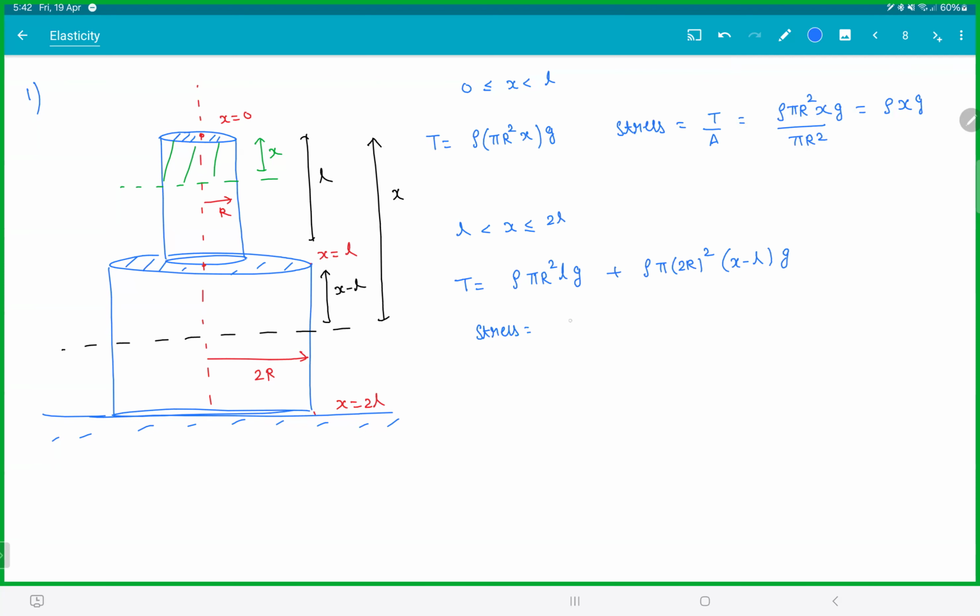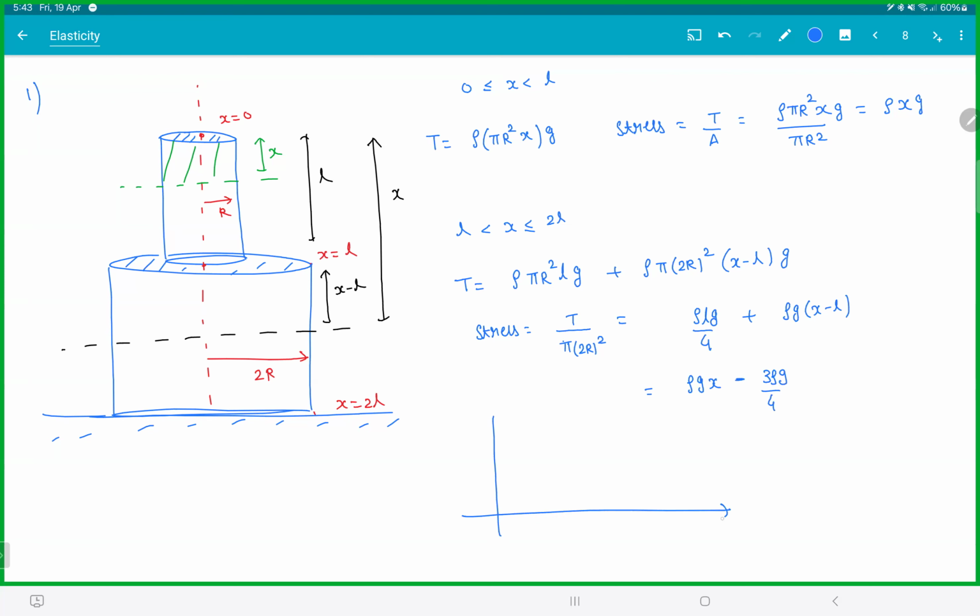The stress will be tension by area, but this time the area is pi into 2r whole square. If you divide this, you end up with rho L g by 4 plus rho g into x minus L. So this thing is rho g x minus 3 rho g L by 4. This is the stress in the lower cylinder.